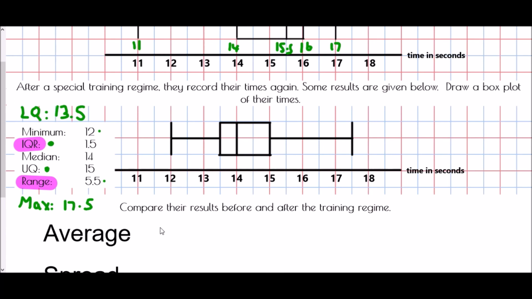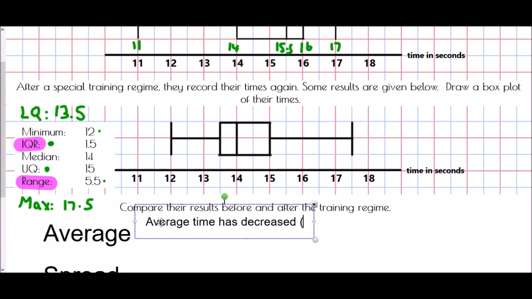Well, what we're dealing with is the fact that they are running a race, and so if the average time has decreased, and let's just write the word median in there just so that we can show that that's what we were talking about, the average time has decreased from 15.5 seconds to 14 seconds.